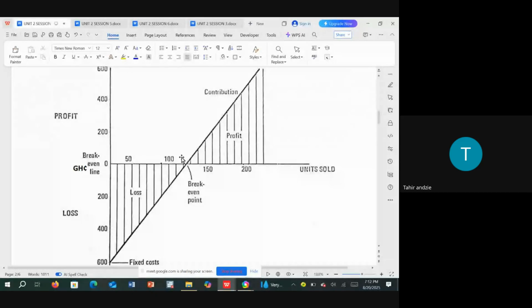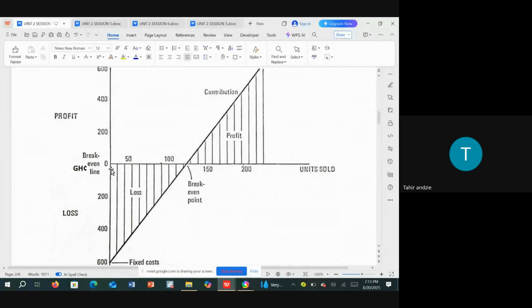So that's why for the profit volume chart, for the vertical axis, we use both the negative and positive sides. You see, down here is a loss, and above here is profit.